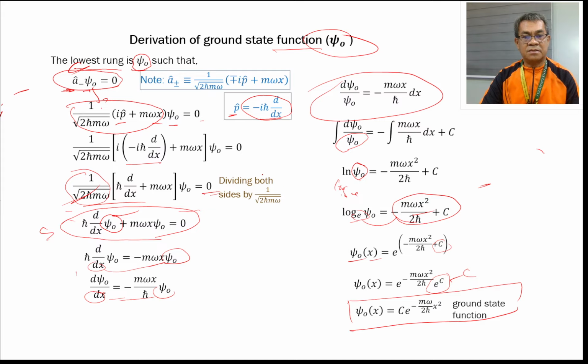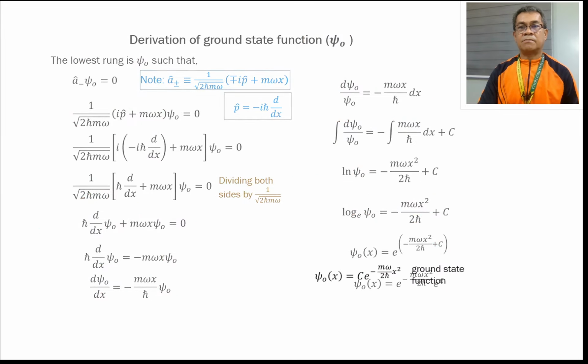Okay, so that's it. Next, of course, what is C? C is a constant. In order to give the normalized ground state, we need to solve for C. Of course, you can use the normalization process.